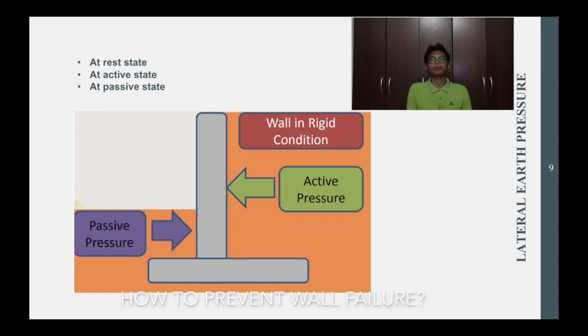How to prevent wall failure? For bearing failure, check the foundation, such as increasing the size of the foundation or using a deep foundation. For overturning failure, try to increase the size of the heel, toe, and stem. And for sliding failure, try to increase the length of the heel and apply a shear key.